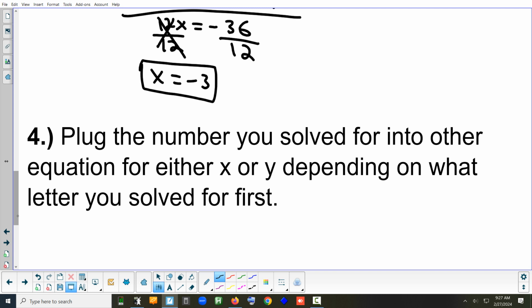So we're going to plug in negative 3 into one of the original equations. Now, you can plug in for either x or y because it depends on what you did in the last step. Sometimes you may get x first, sometimes you may do y first. Kind of depends on the problem. In our case, we did x first.